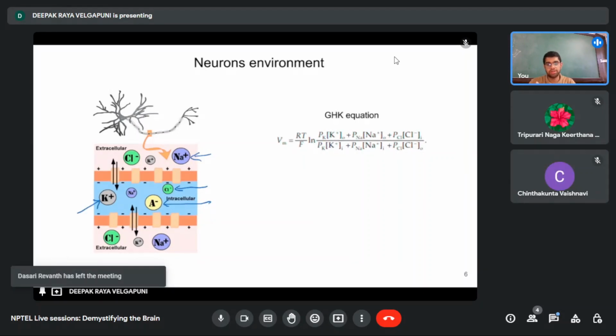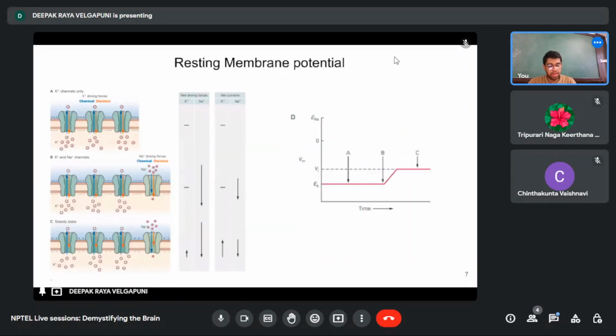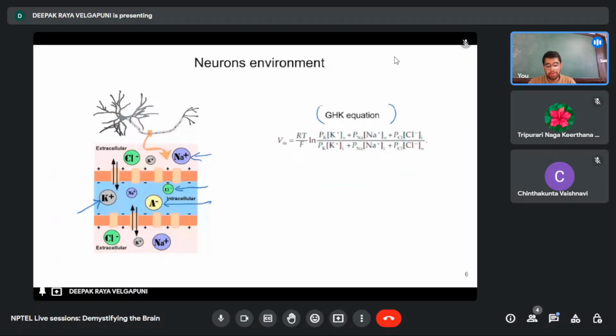Extracellular and intracellular. And in order to calculate this, Goldman, Hodgkin and Katz came up with an equation to know the membrane potential in a multi-channel environment with different selectivity. This is similar, RT by F, but here there is no valence term.